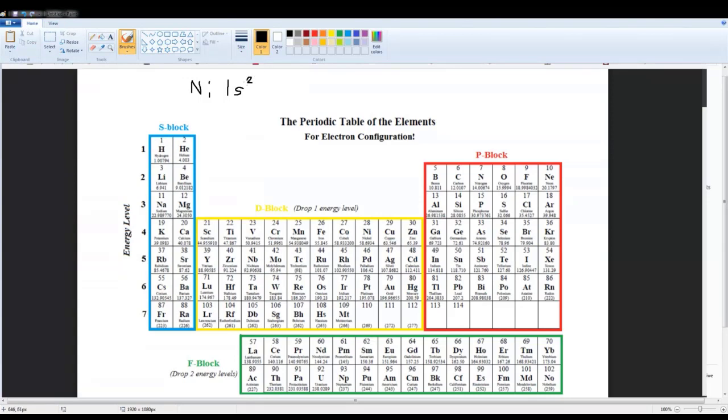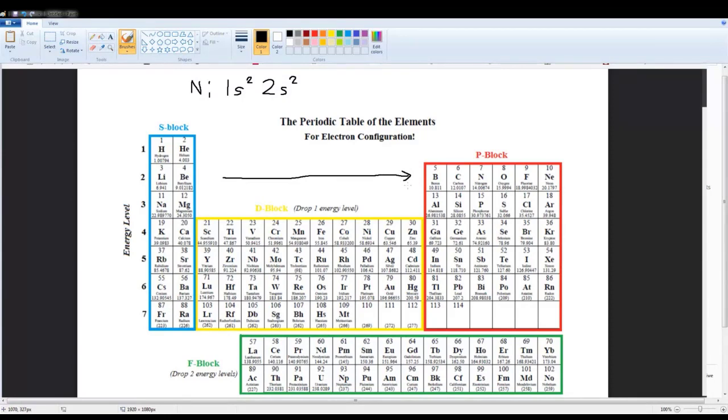So this is 1s2. There's nothing after this, so I go to the next line, the 2. It's still the s block, so I'm filling s orbitals. This is 2s, and again there are two boxes, so two electrons. So 1s2, 2s2.